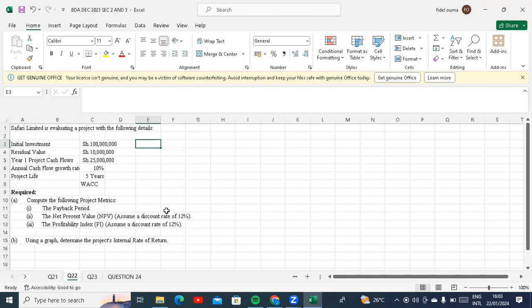So this is how we'll go about it. First, I love to put these shillings into numbers. So I'll say initial investment, I'll write 100 million here. For residual value, I'll also put 10 million.